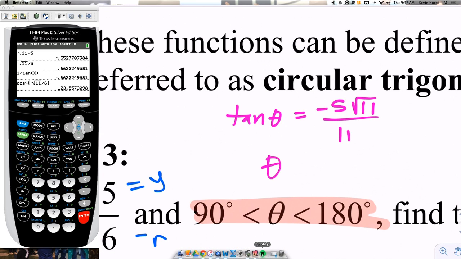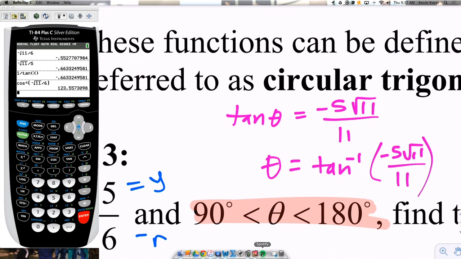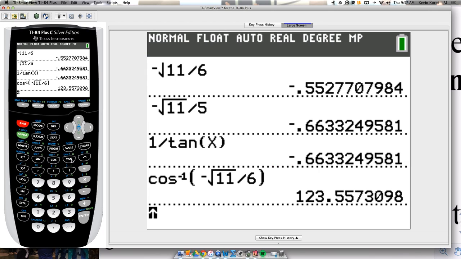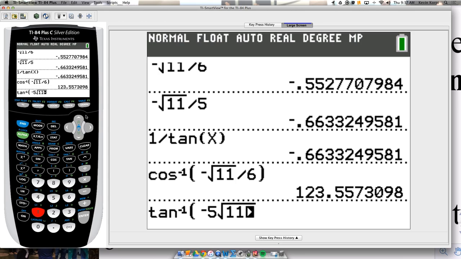All you would need to show me on your quiz or test is that theta would equal the inverse tangent of negative 5 square root of 11 over 11. Now this would probably be the last and third option that you would have, simply because that button is on your calculator. Let's see. Second tangent of negative 5 square root of 11, get out of the radical, divide it by 11.